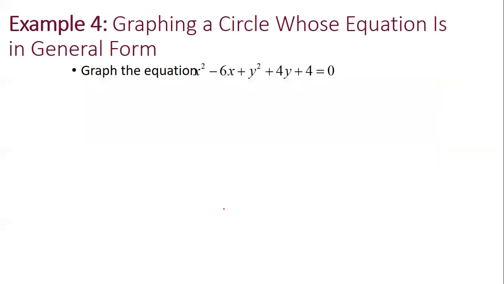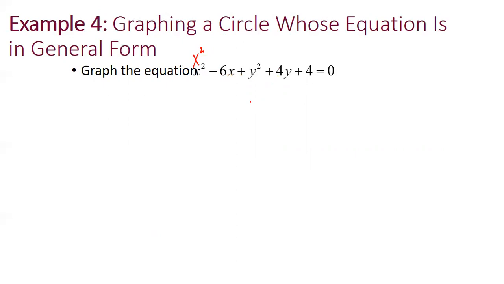I don't know what happened to my x, got a little mixed up in the equation, but it's x squared minus 6x plus y squared plus 4y plus 4 equals 0.